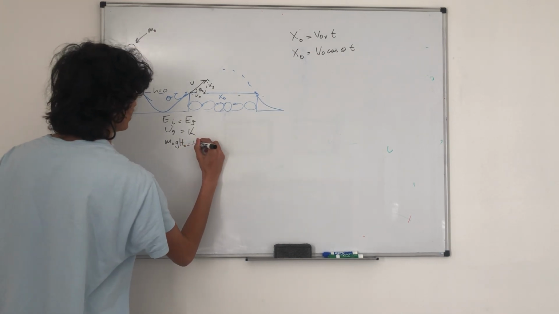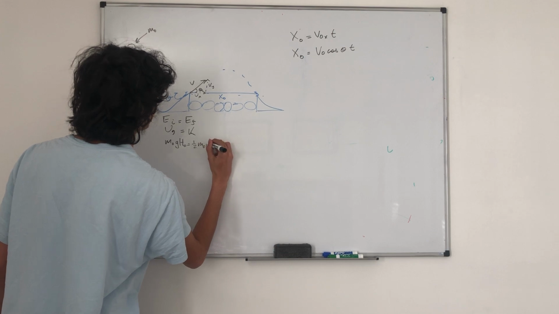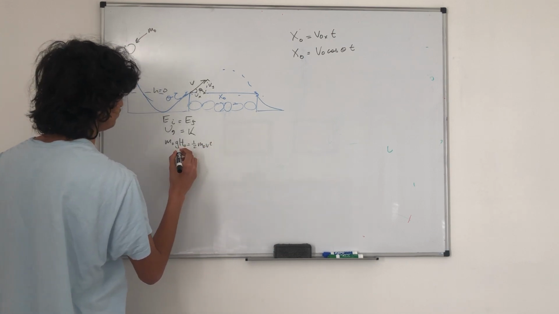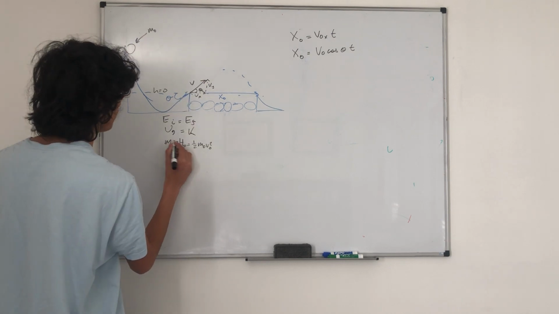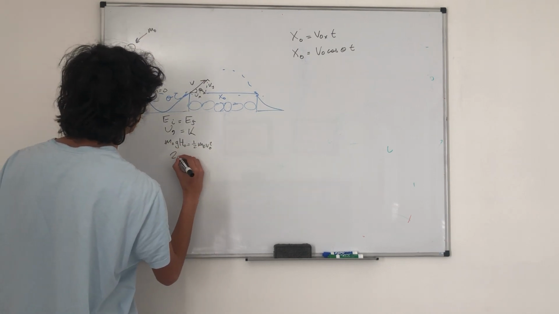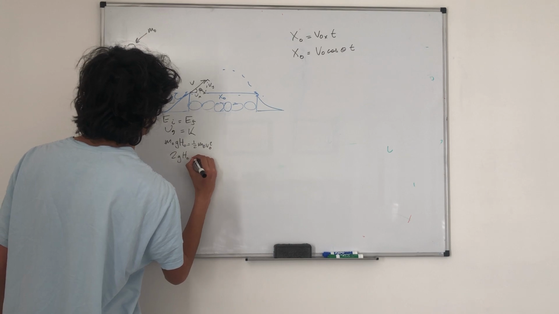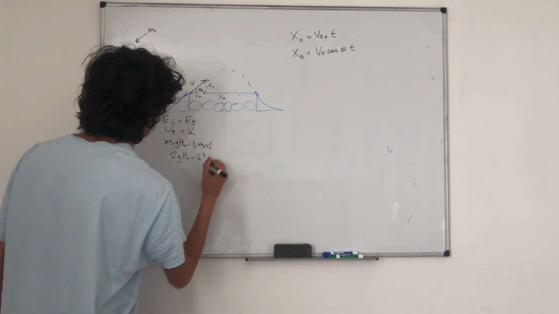And then we have 1/2 m v naught squared, because this is the speed it's exiting. The masses cancel out. We're left with 2g h naught equals v naught squared.